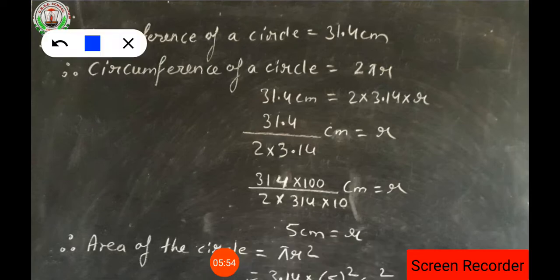Because in the numerator, after 2 digits there is 1 decimal place, so 10 is multiplied in the denominator. In the same way, in the denominator after 1 digit the decimal places are 2. That's why in the numerator 100 is multiplied. Clear up to here?